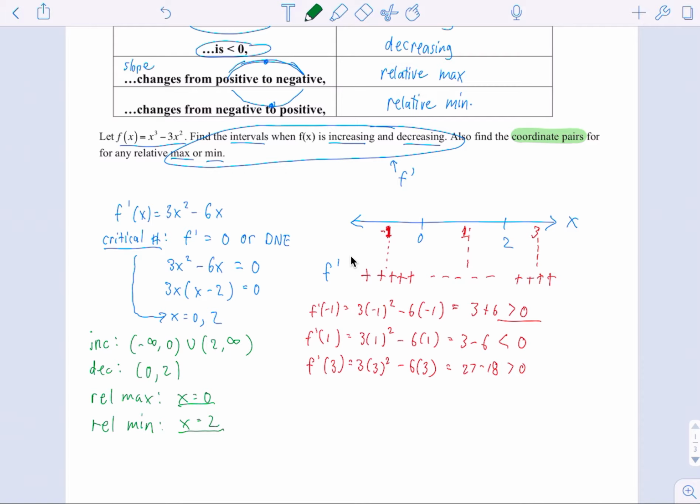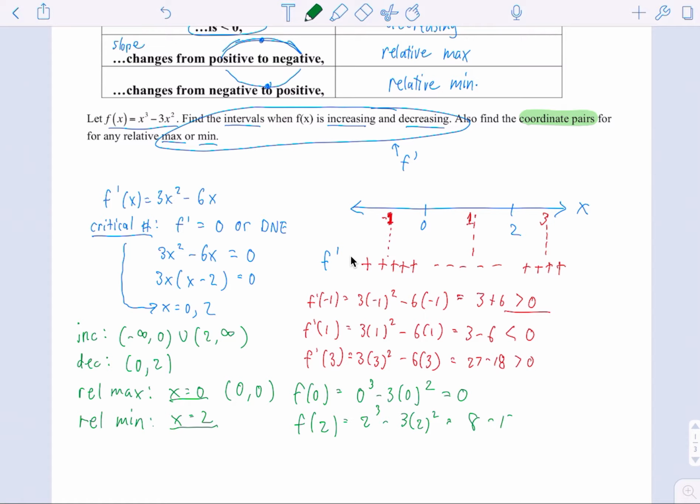So if x equals 0, f of 0 is going to equal 0 cubed minus 3 times 0 squared, which is equal to 0. So the relative max is actually going to have a coordinate pair of 0, 0. And my relative min is going to be f of 2, which is going to be 2 cubed minus 3 times 2 squared, which is going to equal 8 minus 12, I believe.